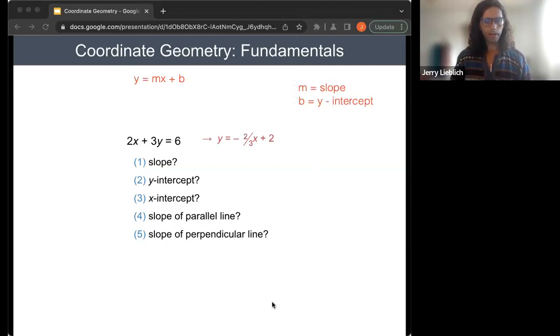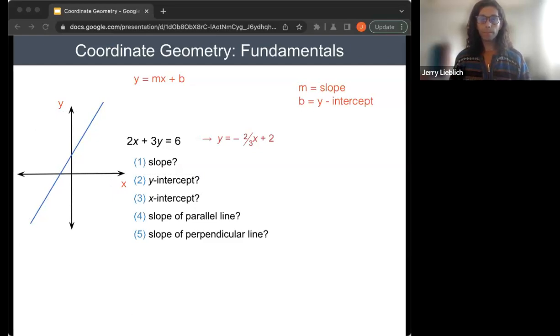So when I've got a coordinate plane, I have my x-axis and my y-axis, and the slope of a line is basically what angle the line is moving at.